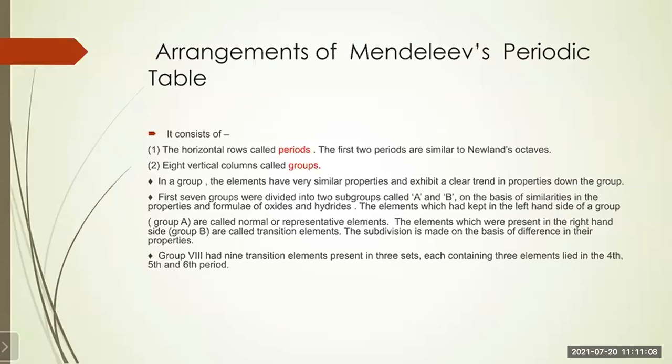The elements present on the right-hand side, that is group B, are called the transition elements. The division is made on the basis of difference in their properties. Group 8 had 9 transition elements present in sets, each containing 3 elements, which lie in the fourth, fifth, and sixth periods.